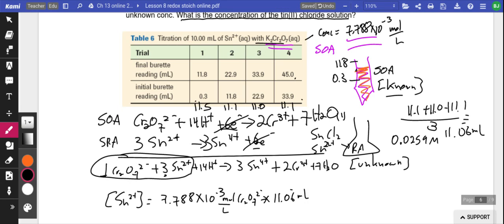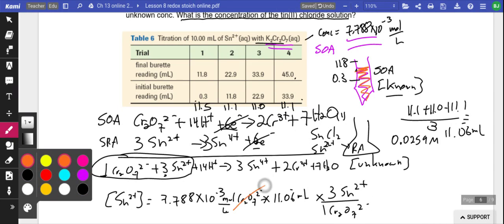Okay, so there's my moles of dichromate, moles per liter times milliliters, gives me my millimoles. Now I'm interested in the tin 2 plus, so here's where my balanced equation comes in. 3 tin 2 plus for every 1 dichromate. Putting dichromate on the bottom this time because we want to cancel those out. We're looking for the tin 2 plus.